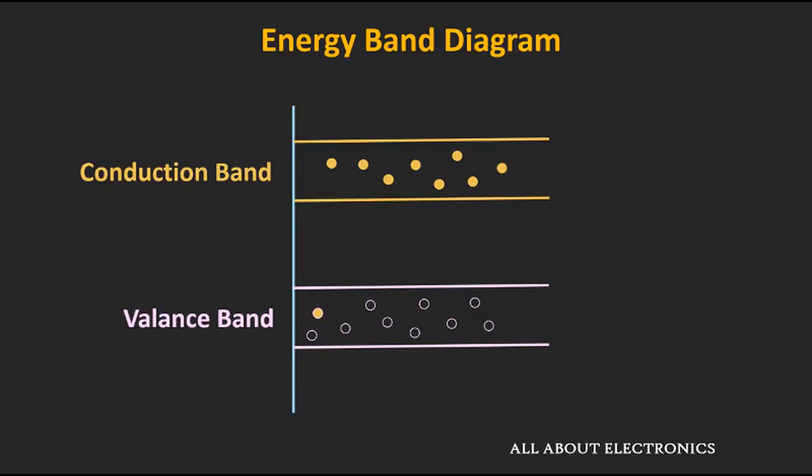Or in other words, they go from the higher energy level to the lower energy level. And as you know, whenever an electron jumps from a higher to a lower energy level, it releases energy in some form. In the normal PN junction diode, this energy is released in the form of heat.